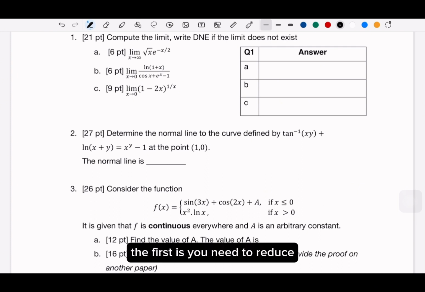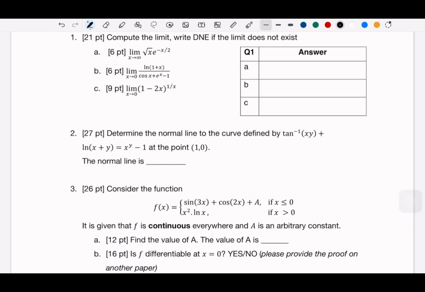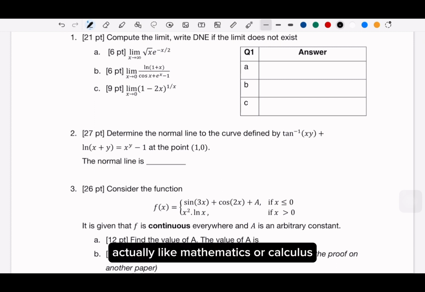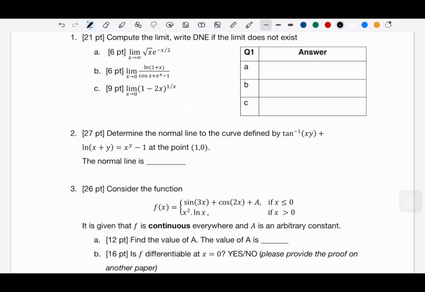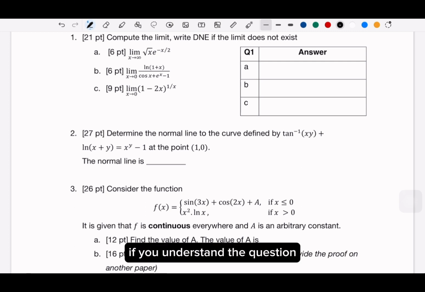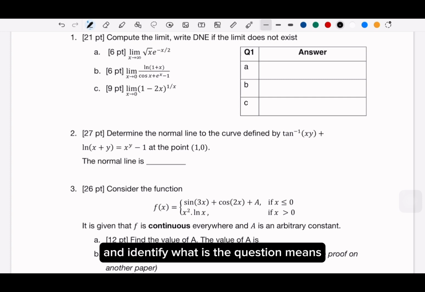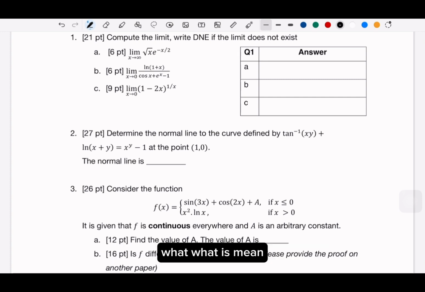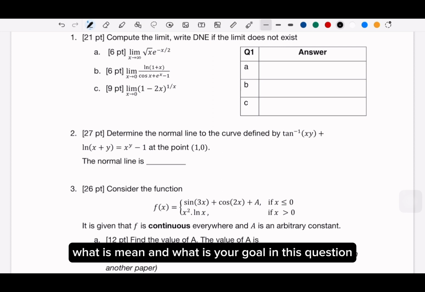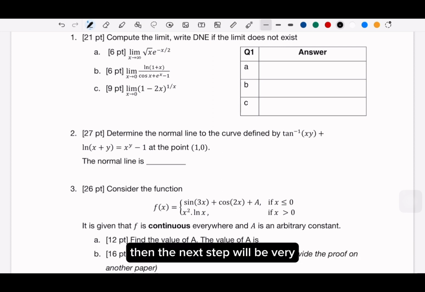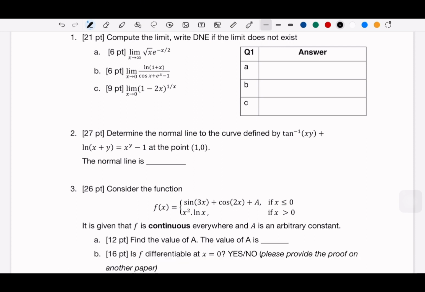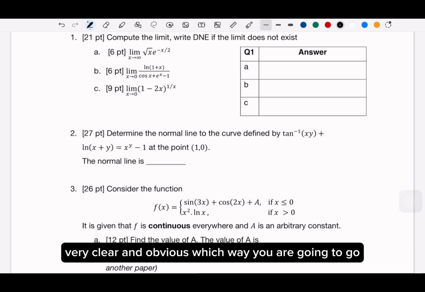So first you need to make a deduction, like a deductive process. Actually, in mathematics or calculus, if you understand the question, if you can analyze and identify what the question means and what your goal is, then the next step will be very clear and obvious which way you are going to go.